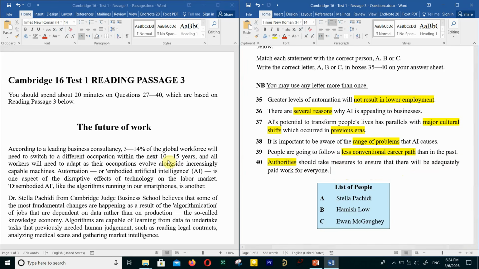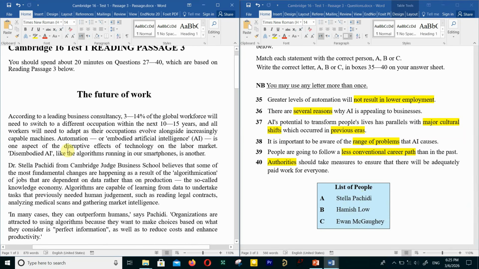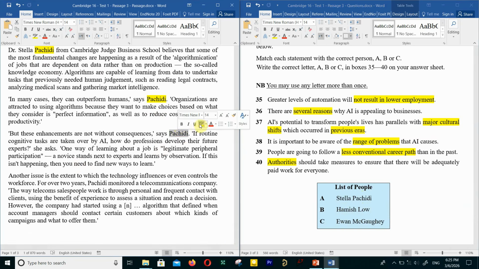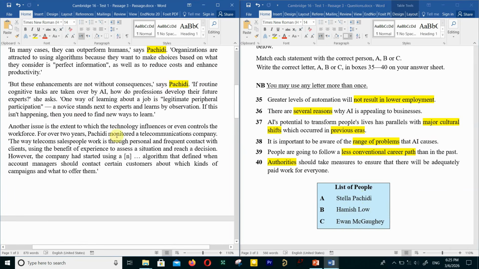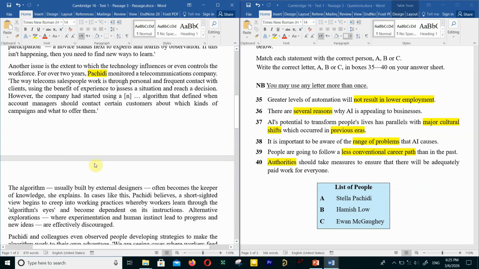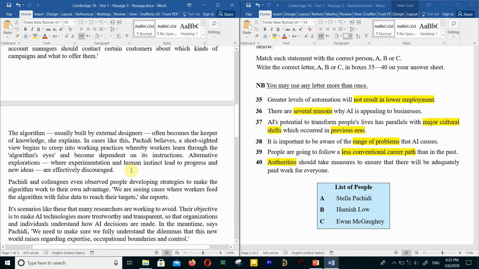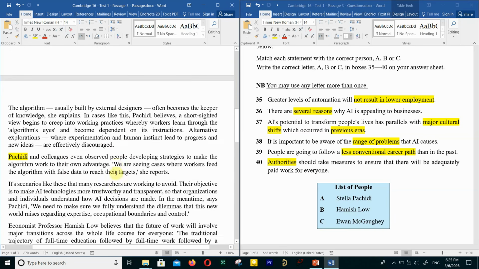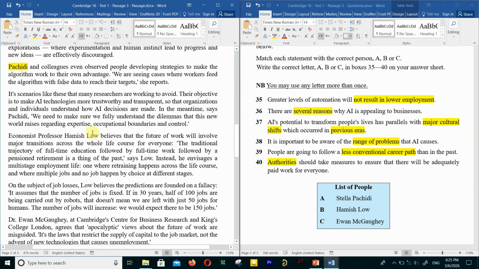Now we have to go through the passage and find Pachidi, Hamish Low, and Ewan McGaughey. Here is the first one, Pachidi, and again Pachidi, and again Pachidi. Unfortunately you have to go through all of this, and it is a difficult task. Pachidi and his colleagues. From now on this is Hamish Low.